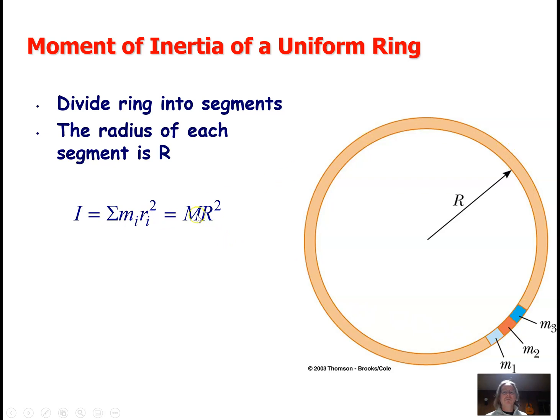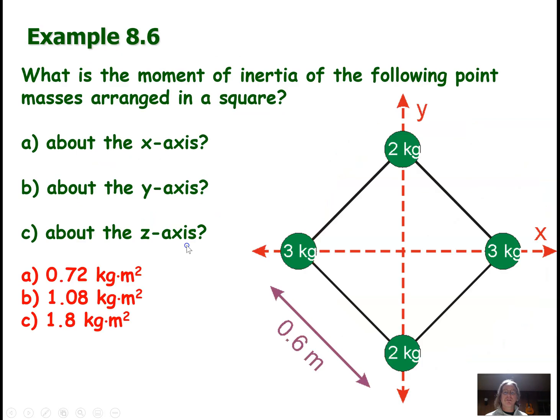You add up the total mass, and the R is all the same. So that's really easy. As long as all the mass is at the same distance away, it doesn't matter if it's a planet at that distance or if it's a ring. Since the mass is all at the same distance, it's a relatively easy thing to find the moment of inertia, or the rotational inertia, of an object.